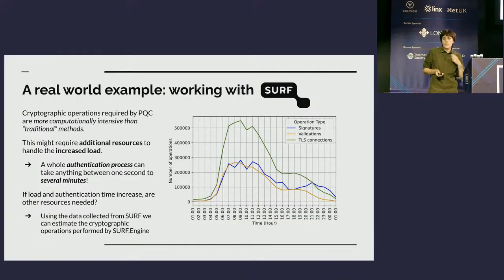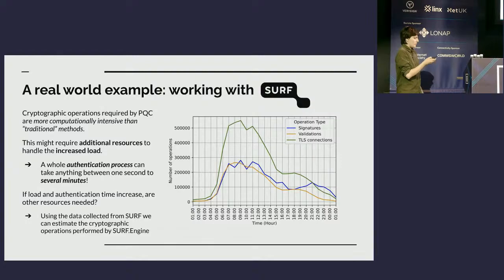So the cryptographic operations required by PQC are what we are interested in, because post-quantum cryptography is infamously known for having very big signatures and larger key sizes, and this means that they take up more memory, they take up more time to be processed, and they also affect bandwidth and CPU load. They are computationally intense. And this will require additional resources to handle the increased load.